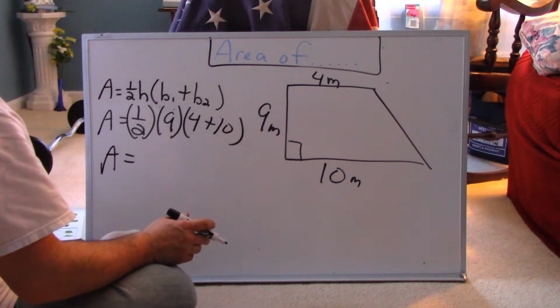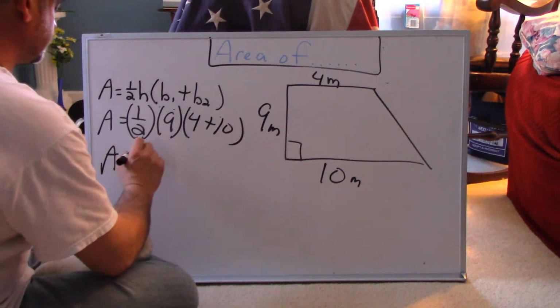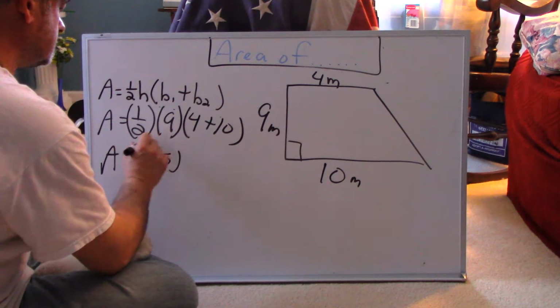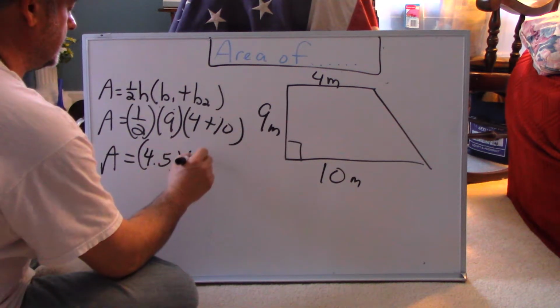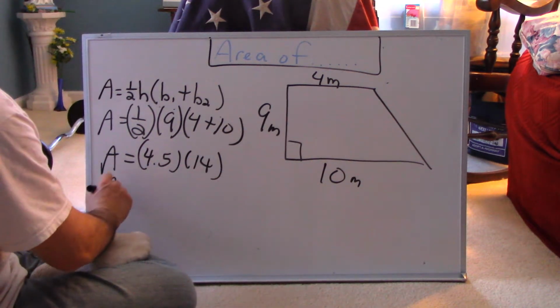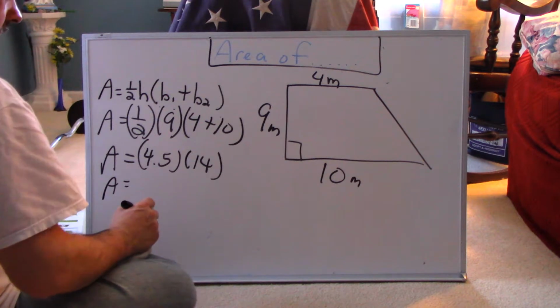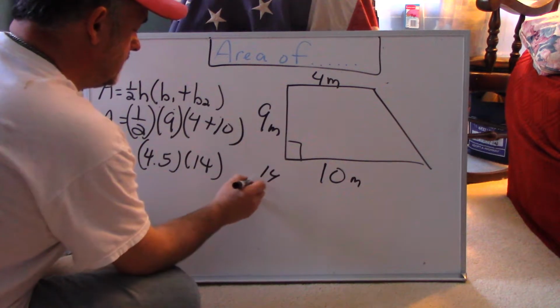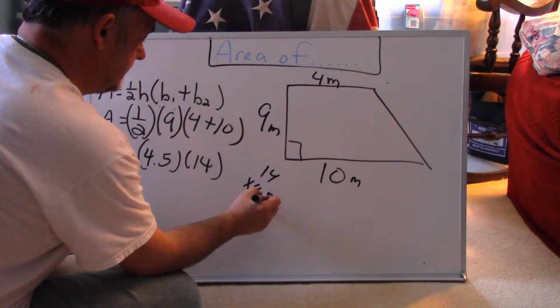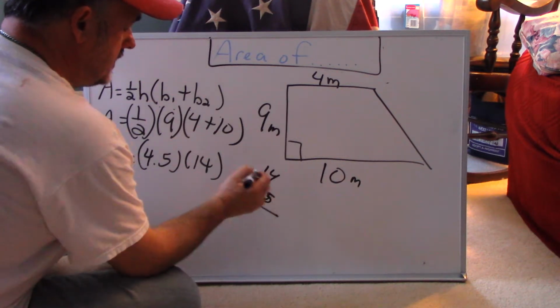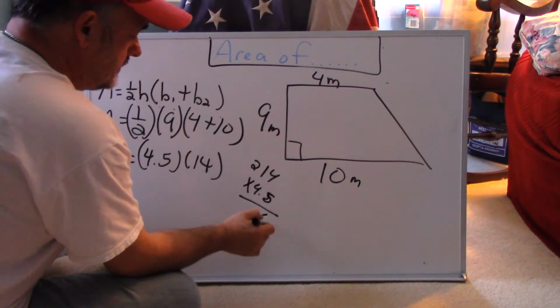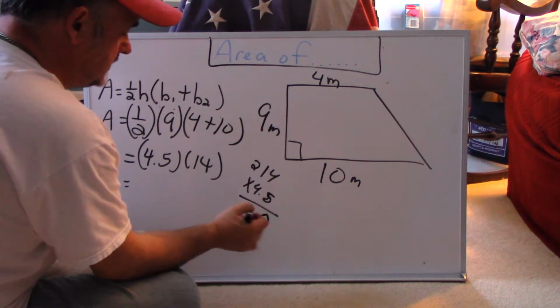1/2 of 9 is 4.5. 4 plus 10 is 14. Let's do it. 14 times 4.5. 5 times 4 is 20. 5 times 1 is 5 plus 2 is 7.